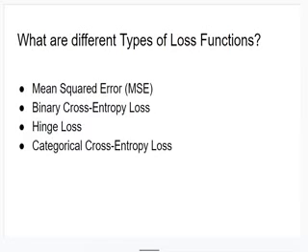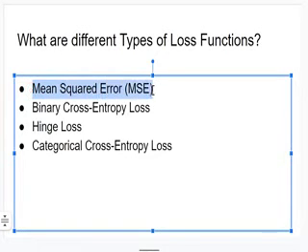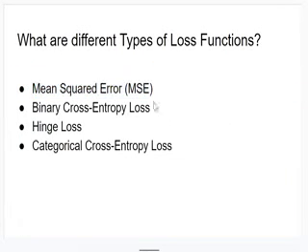The different types of loss functions are mean squared error, binary cross entropy loss, hinge loss, and categorical cross entropy loss. Mean squared error is used in regression problems, and it is the average squared difference between the predicted values and the actual values.